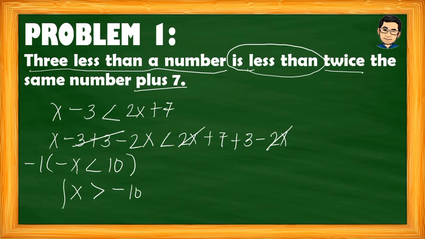So our solution here is x is greater than negative 10. All numbers greater than negative 10 are solutions of our given problem. It could be negative 9, negative 8, positive 2, positive 3, positive 5, and so on, as long as it is greater than negative 10.